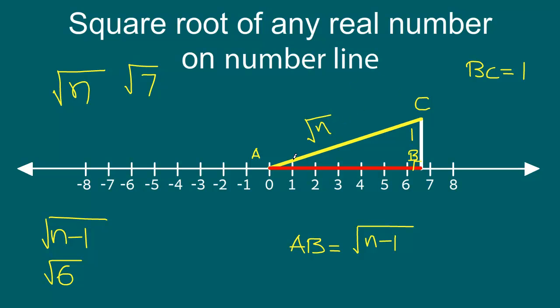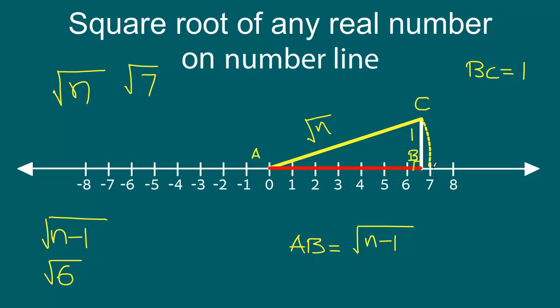Now the only thing we have to do is get the length AC onto the number line. We are going to use the compass method that we used when looking at square root 2 and square root 3 on the number line. We put the fixed end of the compass at A, stretch out the other side, assume this is the radius of our circle, and draw an arc which will look something like this.